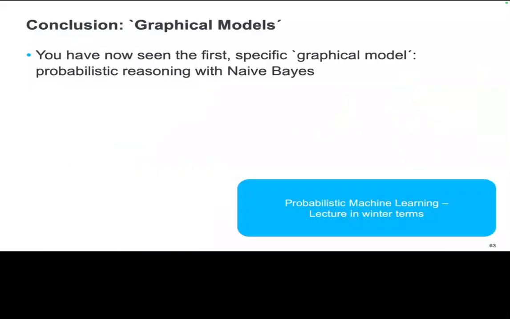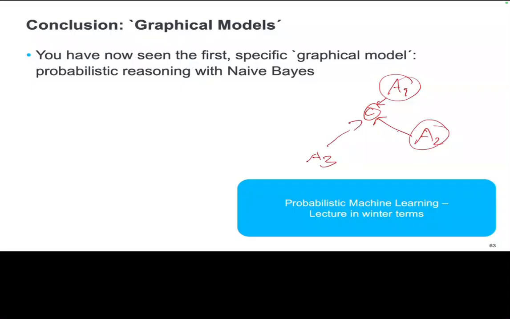Now, what have you seen here? A Bayesian classifier. We describe the Bayesian classifier by the different attributes influencing our target category.